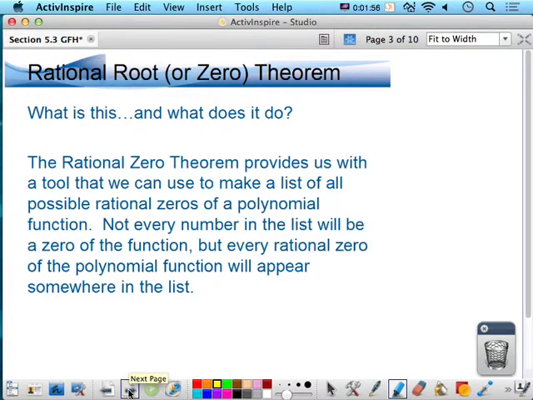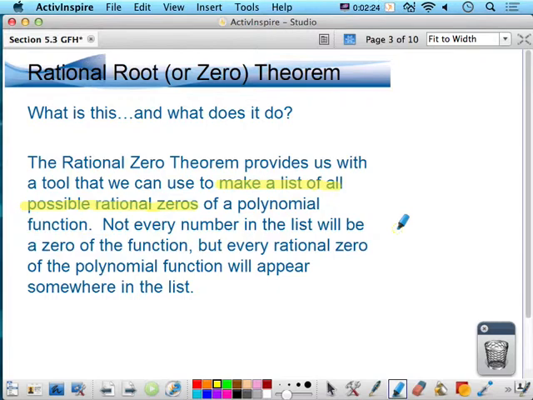The rational root theorem gives us a tool that we can use to make a list of all of the possible rational zeros or solutions of a polynomial. It just helps us generate a list that we can start with. Not all of them will work. Some of them will work, some of them won't, sometimes none of them will work.